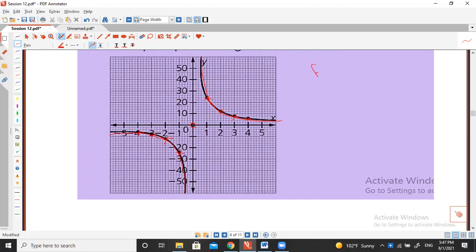So f of x equals 24 over x, it is something like this. Please make it and send me a picture now.